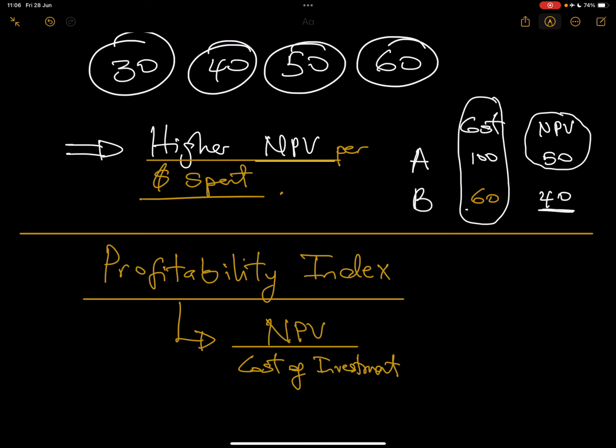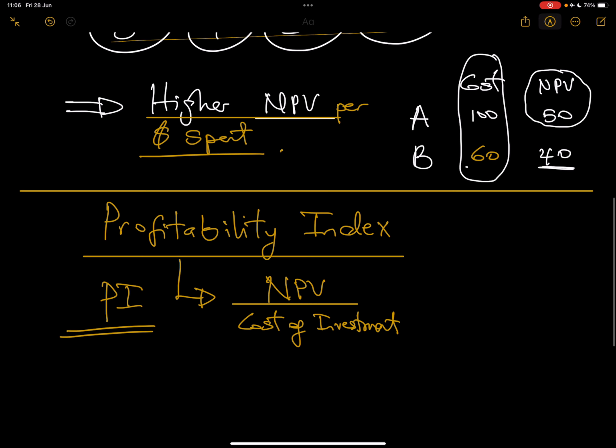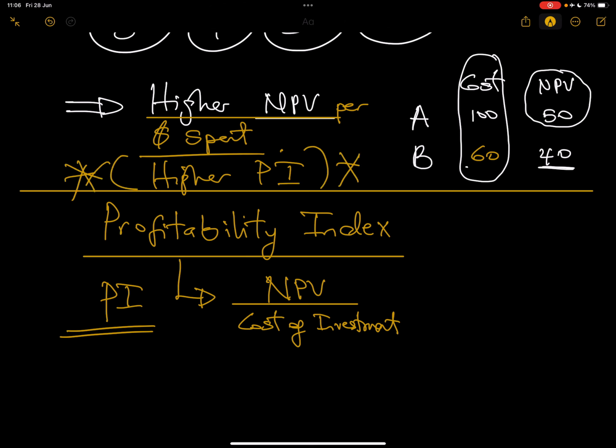So profitability index is a way to decide which investment to take. So you select the investment that has the higher profitability index. And that is what we'll be using in this capital rationing concept.